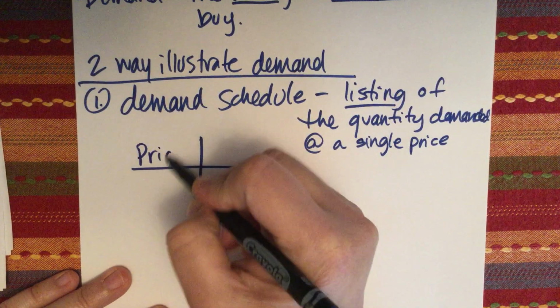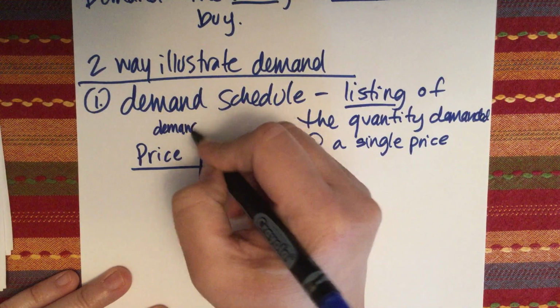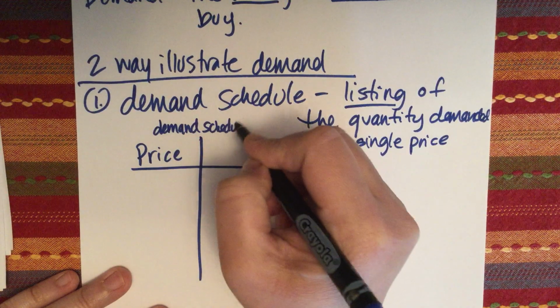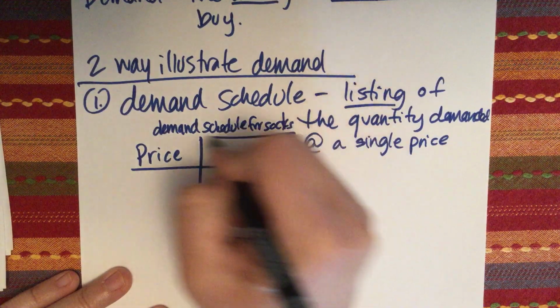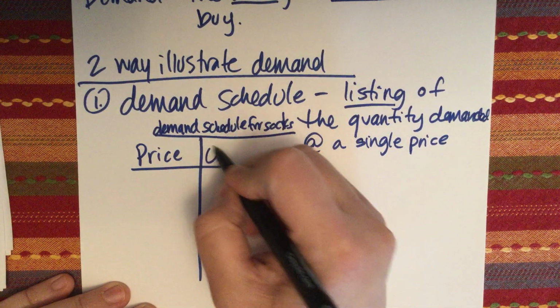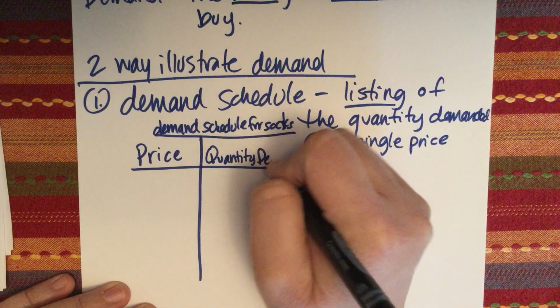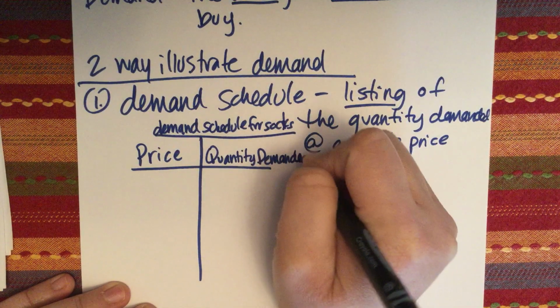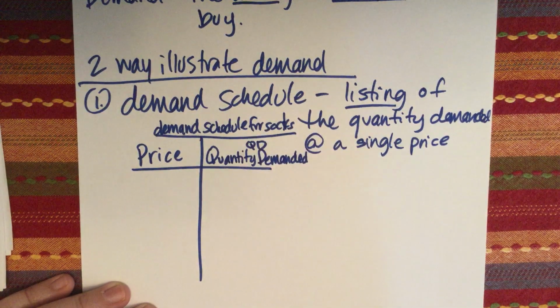On one side you have the price that's prevailing in the market. Let's say that this is the demand schedule for socks, because we did use socks earlier as our example. And then the quantity demanded on the left. Usually I abbreviate this just QD.